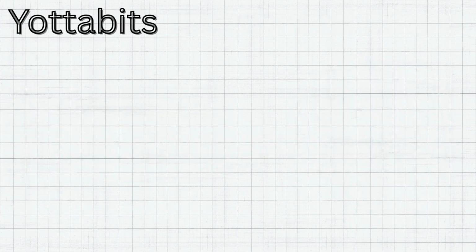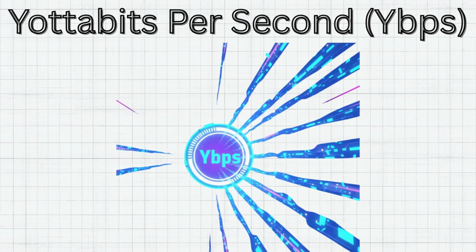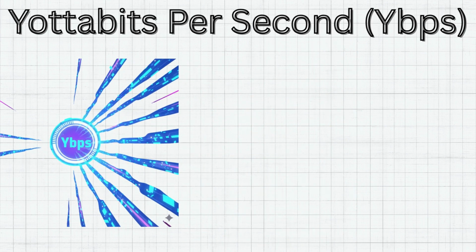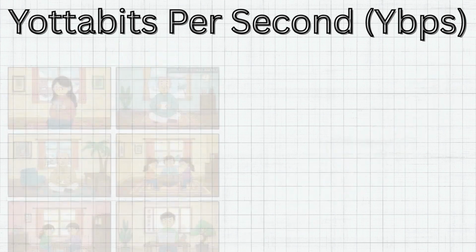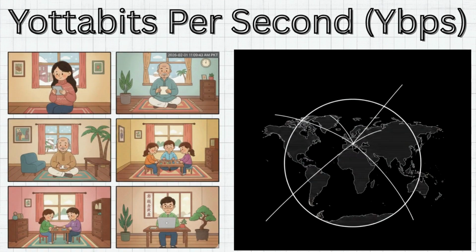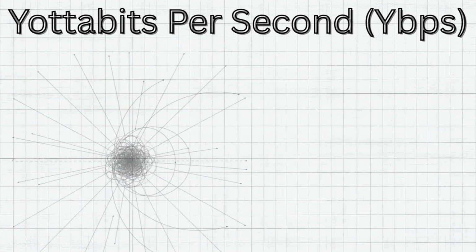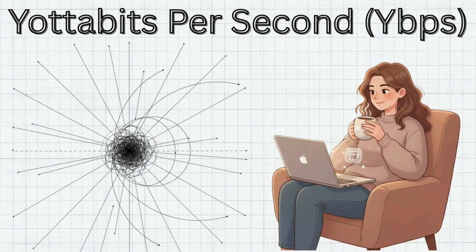Yotabits per second, or YBPS, stands at the extreme edge of data speed measurement. 1 yotabit equals 1 septillion bits per second, a number so vast that it challenges human intuition. At this scale, speed is no longer the main concern. Physical reality itself becomes the limiting factor.